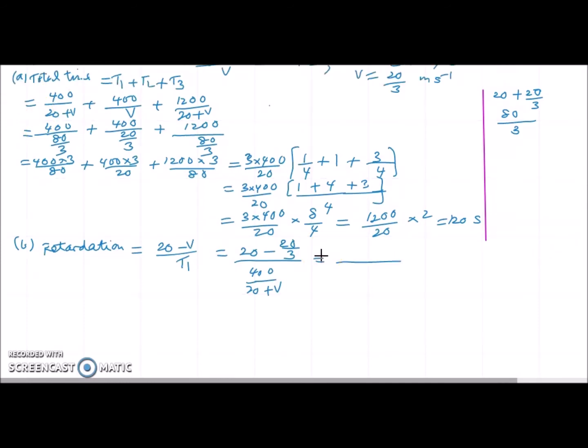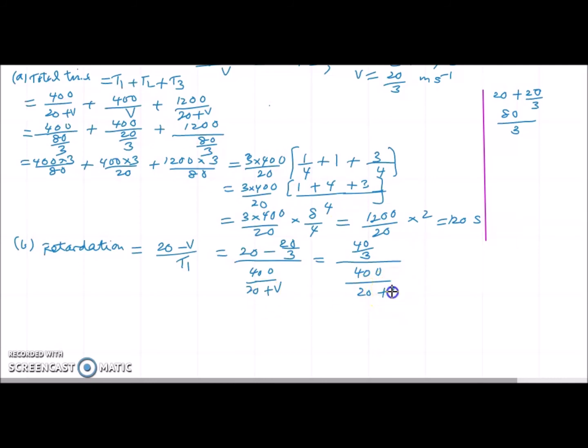Now in the numerator, we have to simplify. That is 20 minus 20 by 3, that is 40 by 3. In the denominator, we get 400 divided by 20 plus V. What is V?